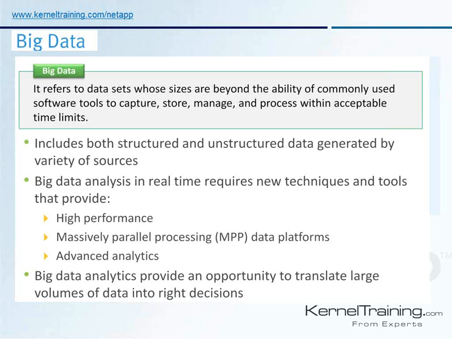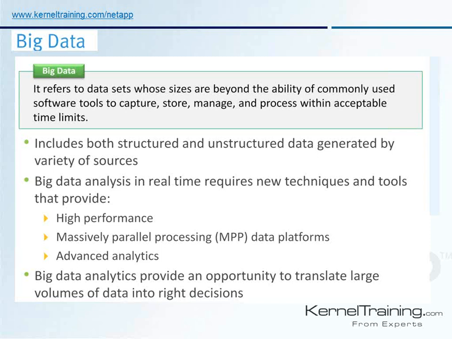So big data analysis in real time requires new techniques and tools that provide high performance, massively parallel processing of a data platform. Big data doesn't use any single server and storage. They use storage, but in parallel computing. They use hundreds of computers working together.